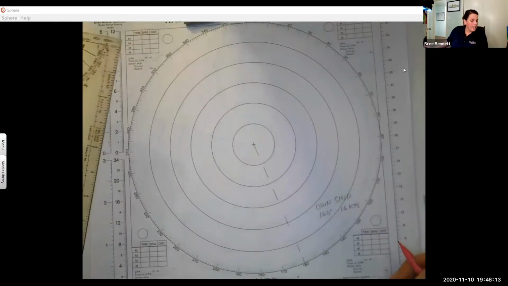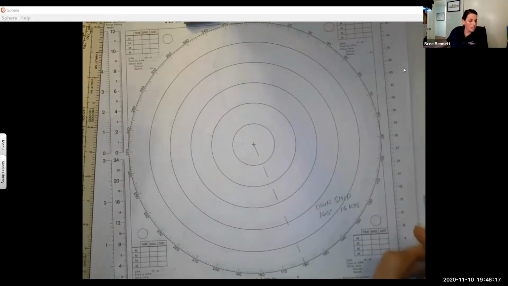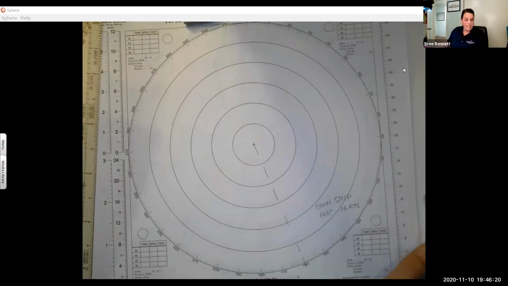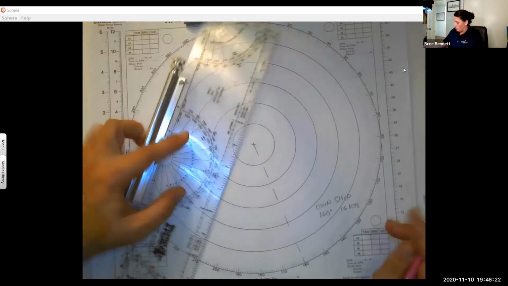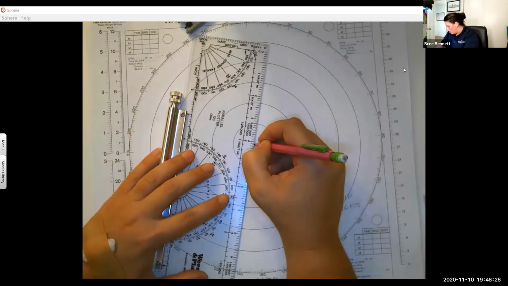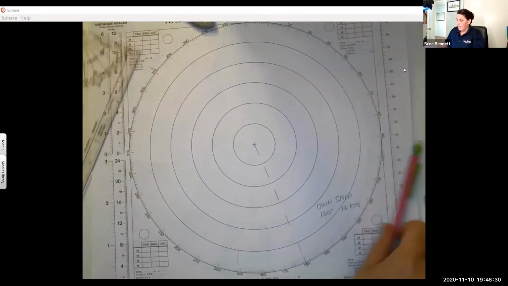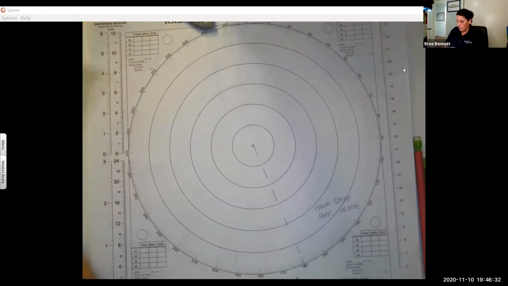Then they told me at 1628, we sight a large target on the radar scope bearing 192 at 10.4 miles. So 192 at 10.4 nautical miles.